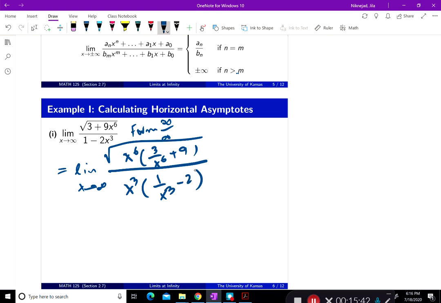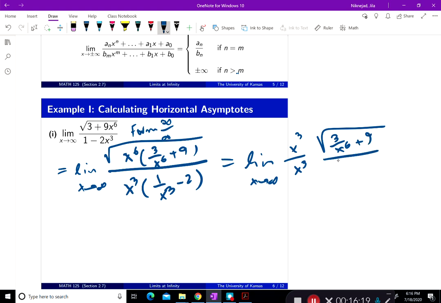If I take the x to the power 6 out, and the exponent is positive, then it becomes x to the power 6 over 2, which is x to the power 3. And here I know the base is positive. Why? Because x goes to positive infinity. So I can write this as the limit as x goes to infinity of x to the power 3 over x to the power 3 times the square root of 3 over x to the power 6 plus 9, over 1 over x cubed minus 2.